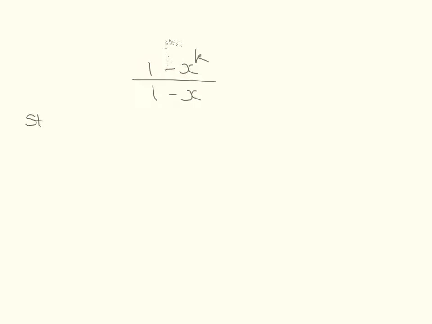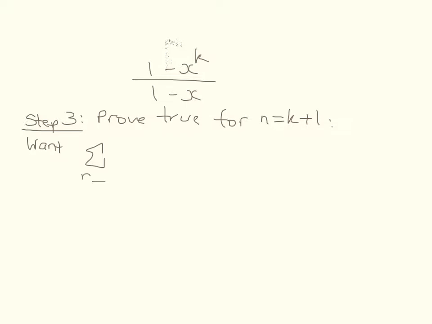Right, and step 3 is then, this is what we want to prove. We need to prove it's true for n equals k plus 1. So what we want to show is that the sum from r equals 1 to k plus 1 now of x to the r minus 1 is 1 minus x to the k plus 1 over 1 minus x.